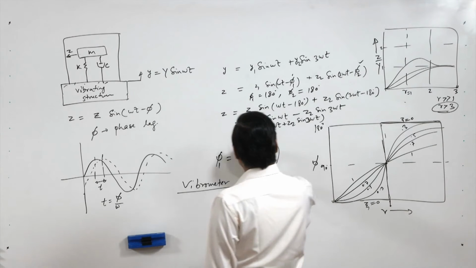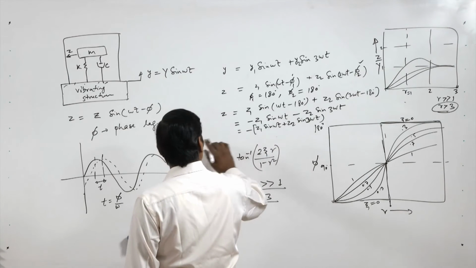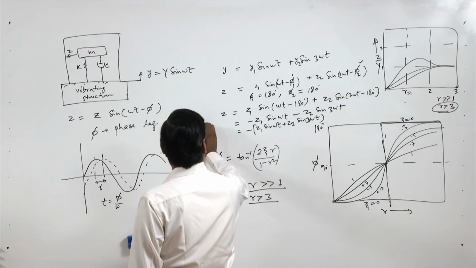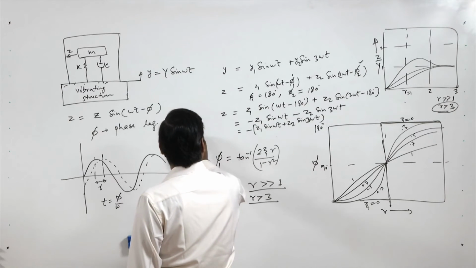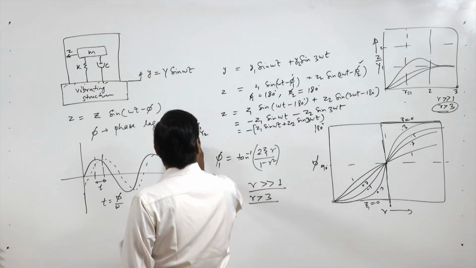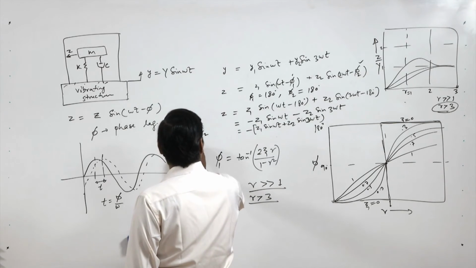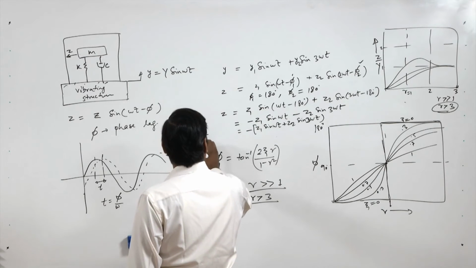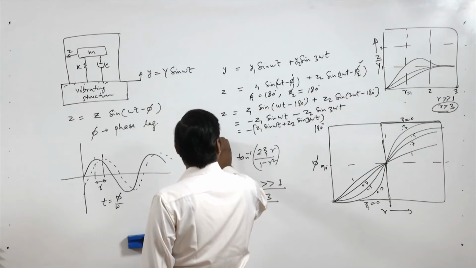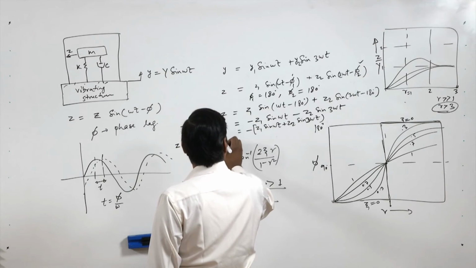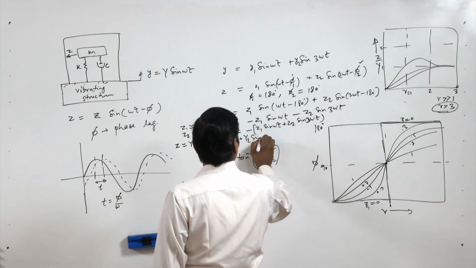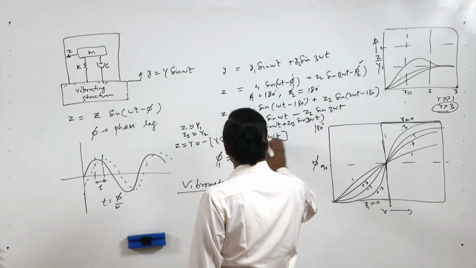And because we select such a condition, r much greater than 1, z1 is about y1 and z2 is approximately y2. So we will get z approximately y, approximately y1 sin omega t plus y2 sin 3 omega t.